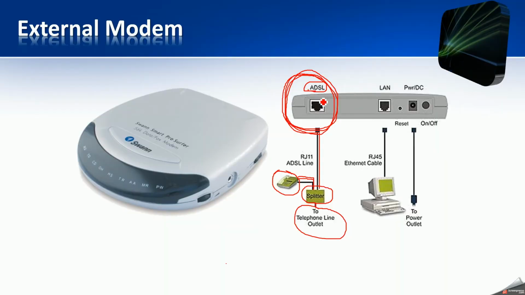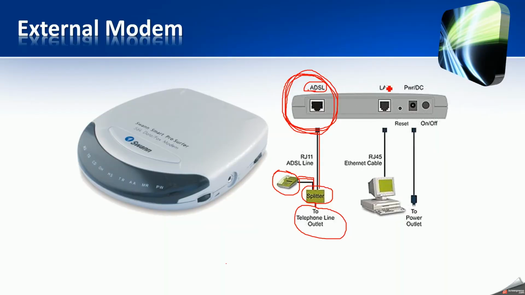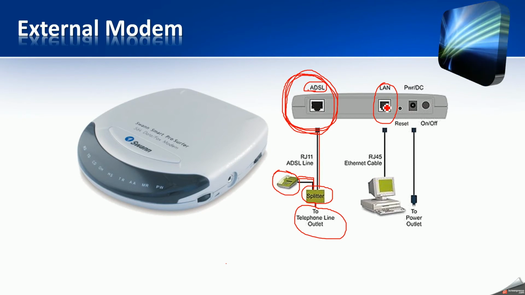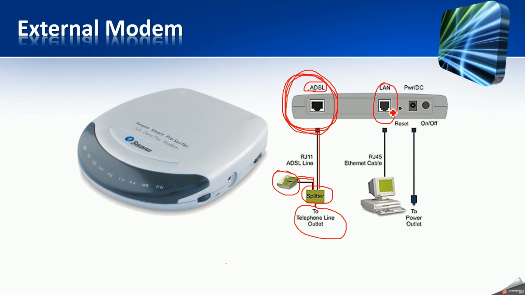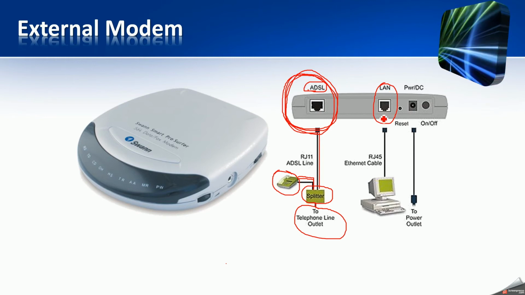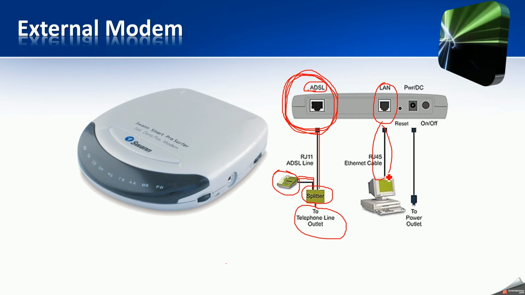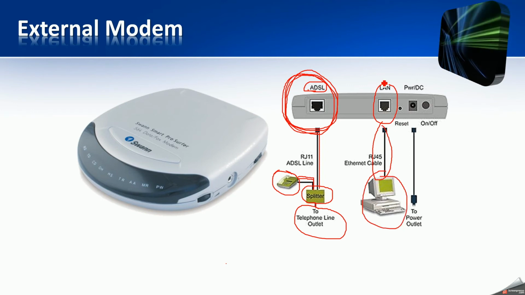So this line is for ADSL, and this is the line for the local area network, that is, you can connect your PC. You can connect the slot in the CPU which is given for your LAN card with this slot using an RJ45 cable, which is also known as an Ethernet cable. Using that Ethernet cable, you can connect your PC with this port and access the internet.